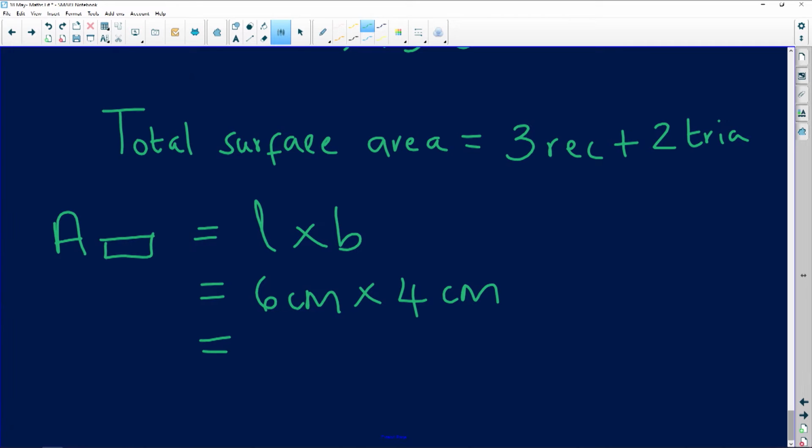So I know that the area of one rectangle is 24 centimeters square.